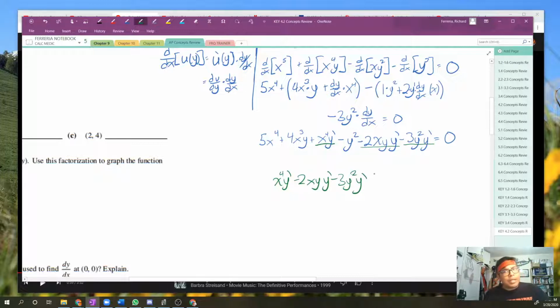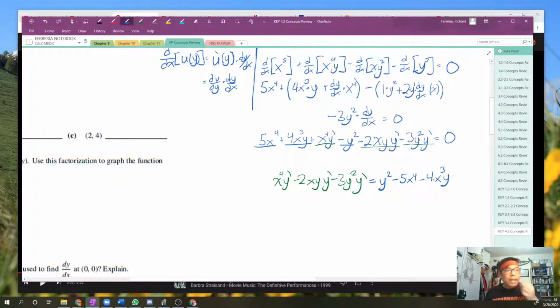And then we're going to take all the other terms that do not have a y prime, and we're going to put them on the right side. So are any of these? Yeah, I think I can start with this one, y squared, and then minus 5x to the fourth, and then minus 4x cubed y.